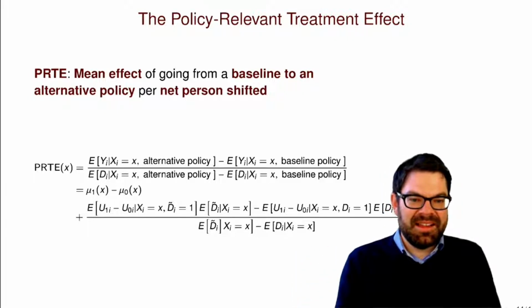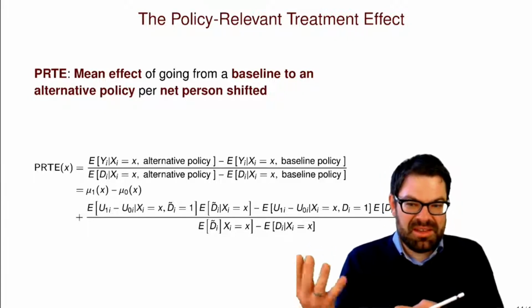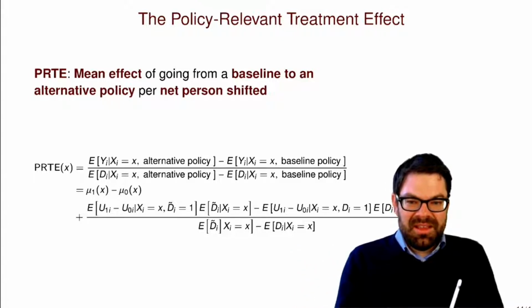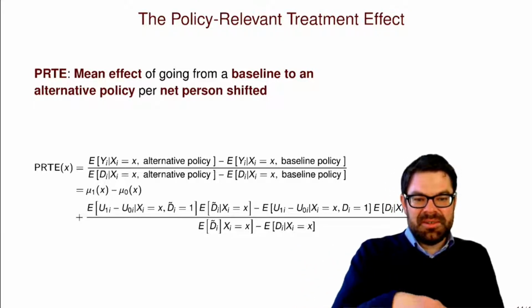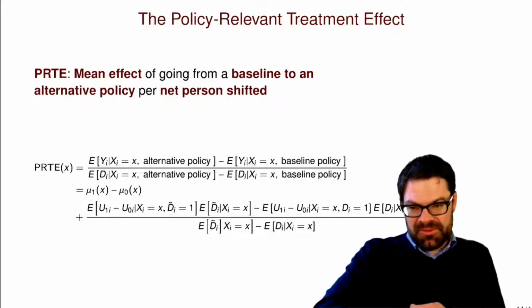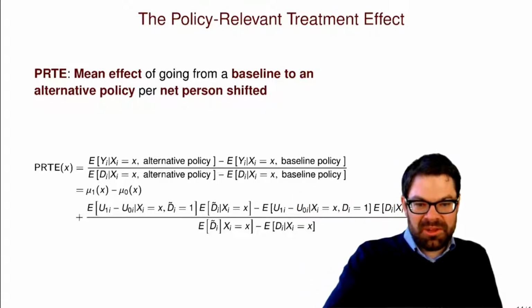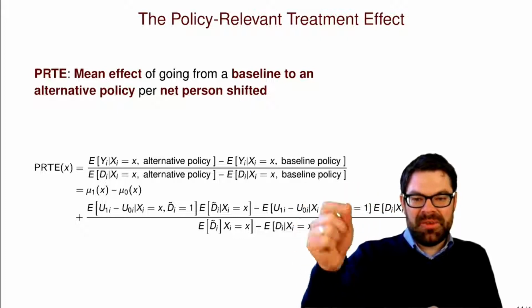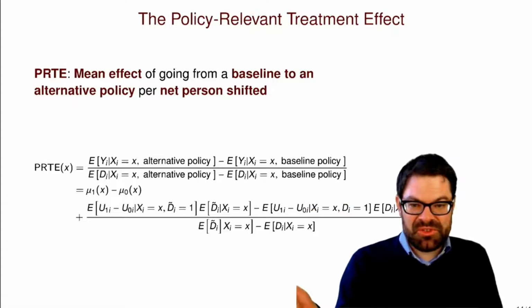It's basically like you can see here, it's a Wald estimator. So the idea here is that the change in the policy shifts people into or out of treatment, and that also then affects the average outcomes.